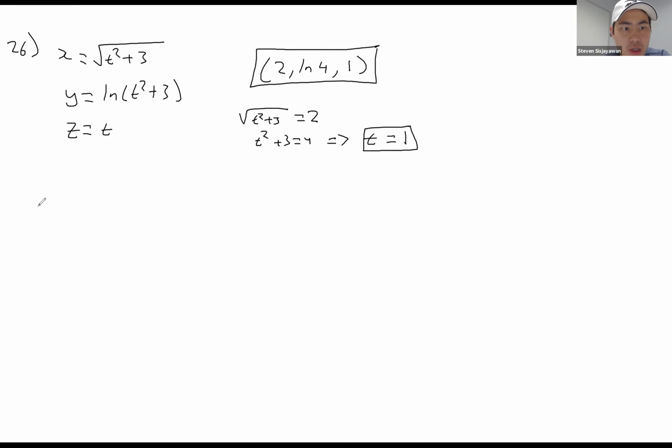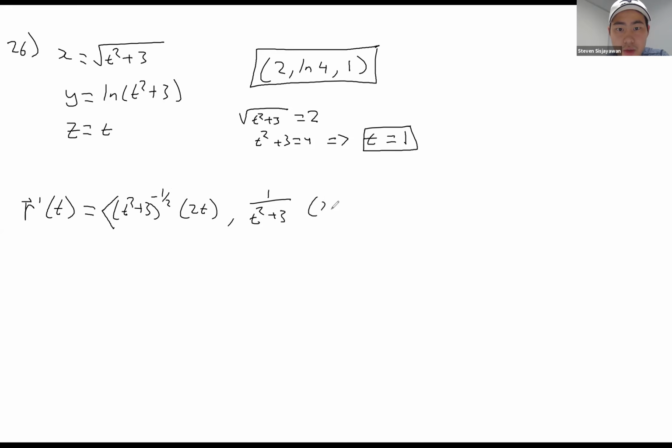And the last thing we need is our directional vector. So r prime of t is going to be the same thing as t squared plus 3 to the power of negative 1/2, multiplied by 2t. We have 1 over the square root of t squared plus 3, multiplied by 2t. Finally, we have 1 for z, right?